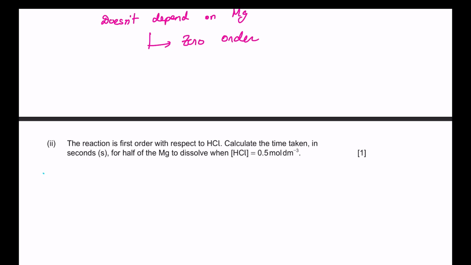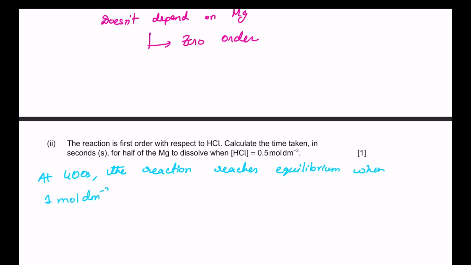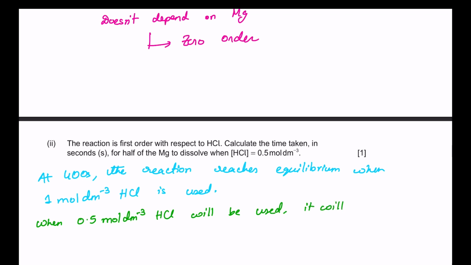And I'm writing the explanation here. At 400 seconds, the reaction reaches equilibrium when 1 mole per dm cube HCl is used. When 0.5 mole per dm cube HCl is used, it will take twice of 400, that is 800 seconds to reach equilibrium.